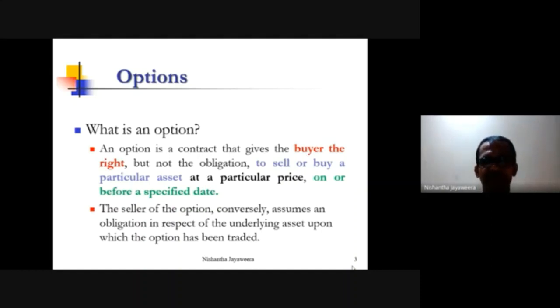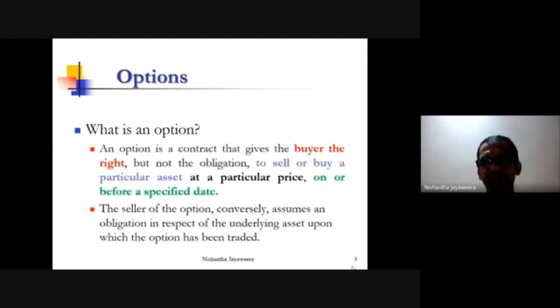So generally, if you don't specify the type of the option, an option gives a right to the option buyer. Is it clear? The option buyer gets a right. We'll discuss what the possible rights are that the option buyer can get soon. However, you have to be clear on that.